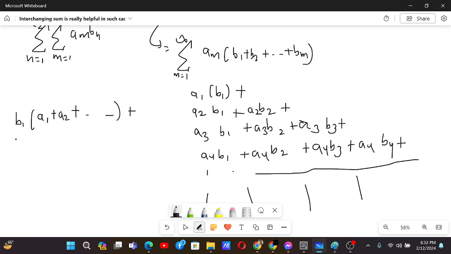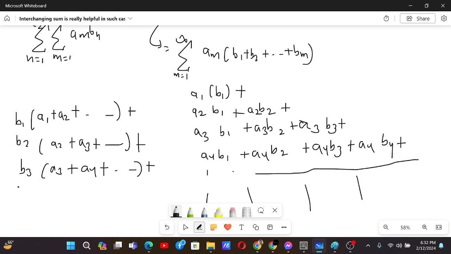Then if I take b_2, I have a_2 plus a_3 going up to infinity. Initially we had a_m common, now I am taking b_m common to interchange the sum. If I take b_3 common, we have a_3 plus a_4 and so on up to infinity. For b_4, a_4 plus a_5 going up to infinity.